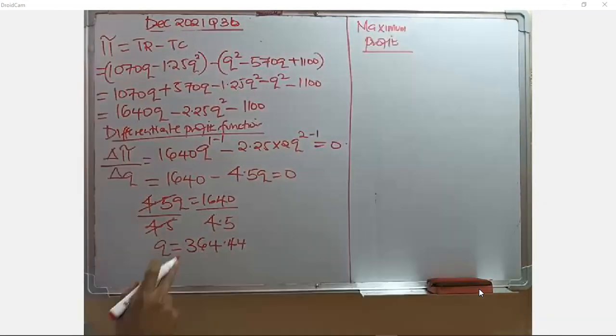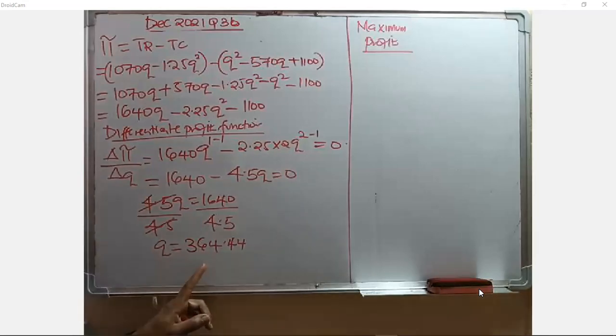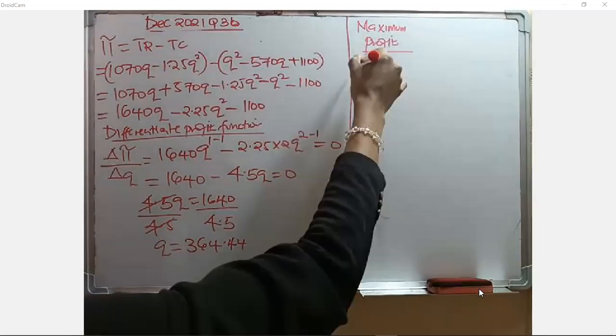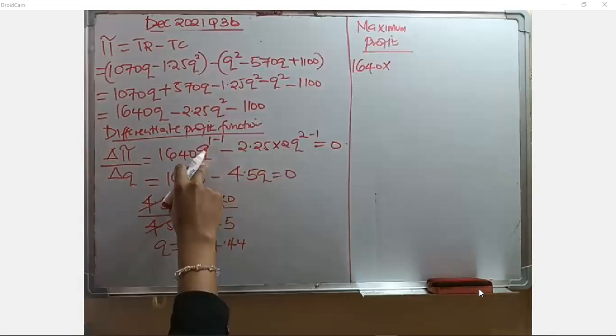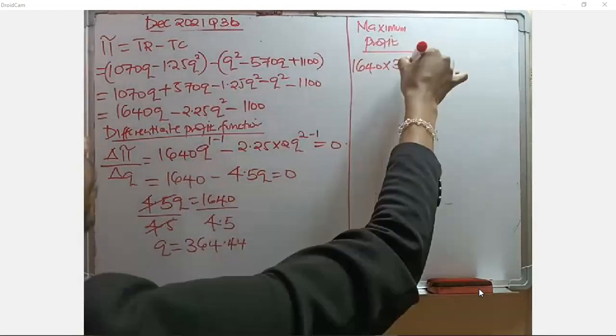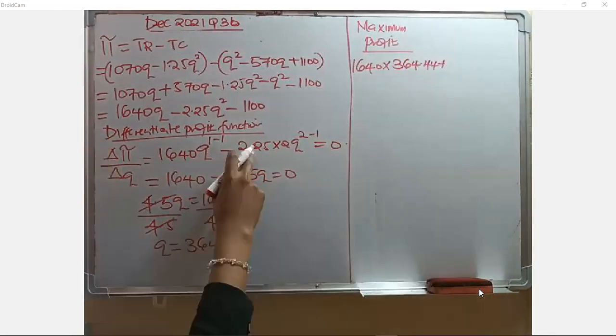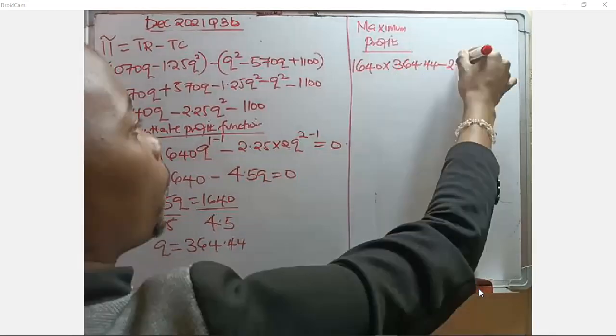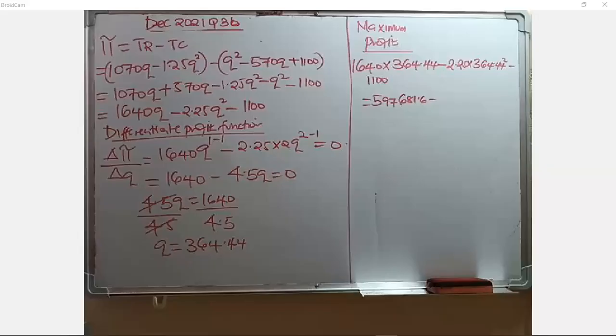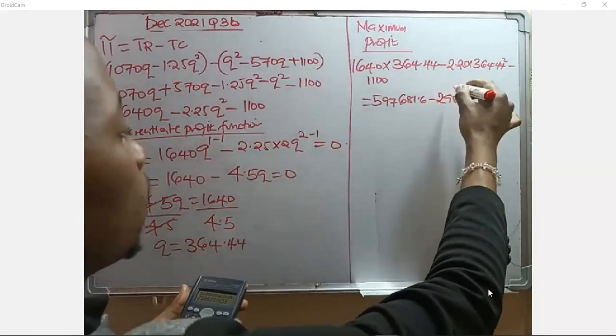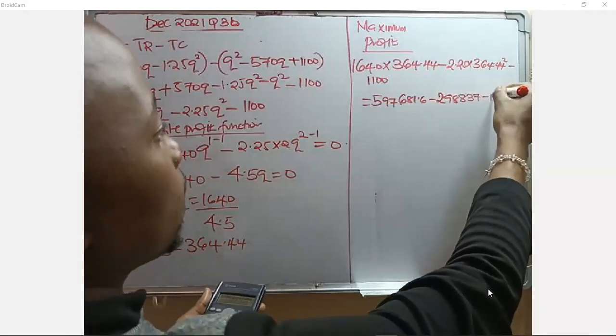So take your profit function and replace the value of Q. Now it will be 1640 times the value of Q, your Q is 364.44, minus 2.25 times 364.44 squared. We are getting 298,837 minus 1100.